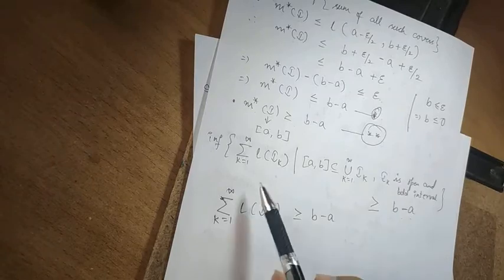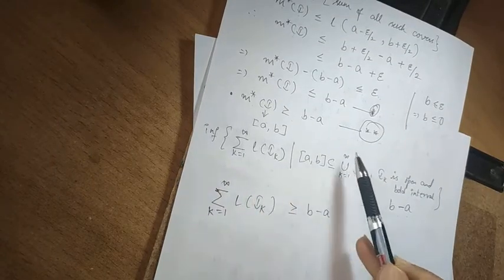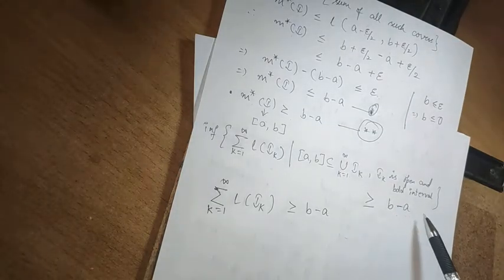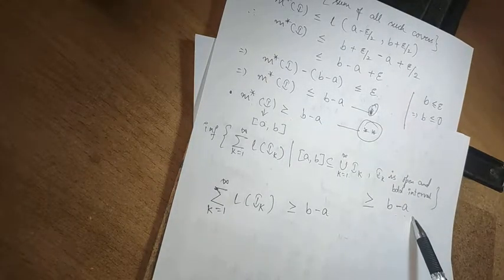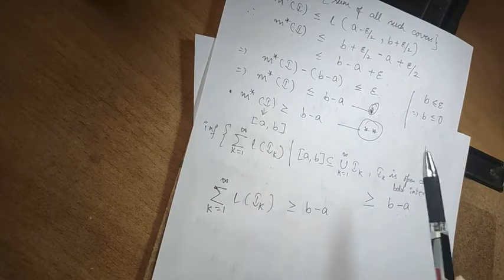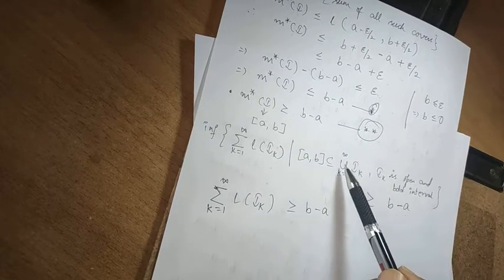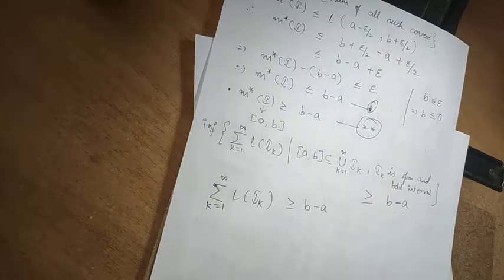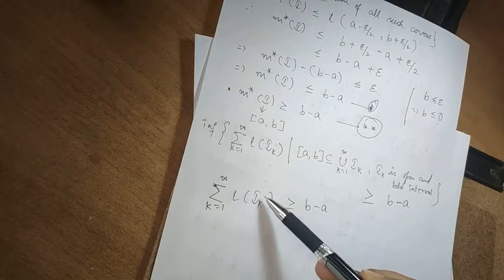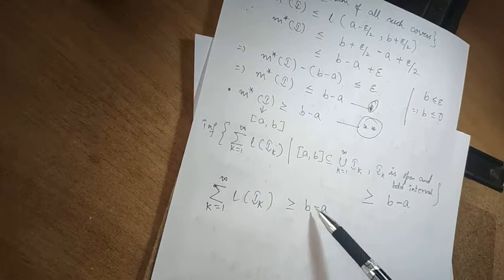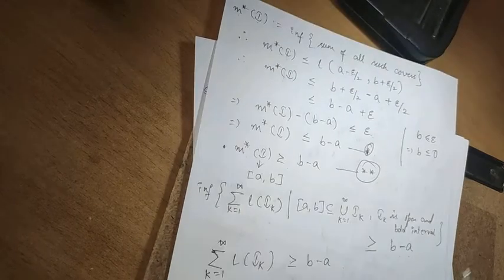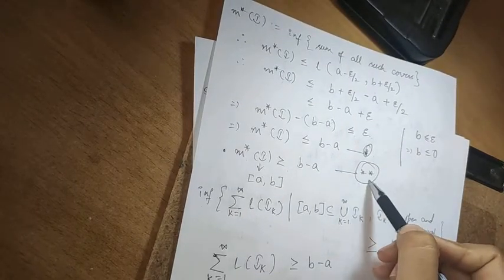So what did I say? The infimum of something is greater than or equal to b minus a means every quantity in that subset will be greater than or equal to b minus a. That is nothing but summation k is equal to 1 to infinity L of Ik is greater than or equal to b minus a. If this is true, it means this equation, double star, is true.